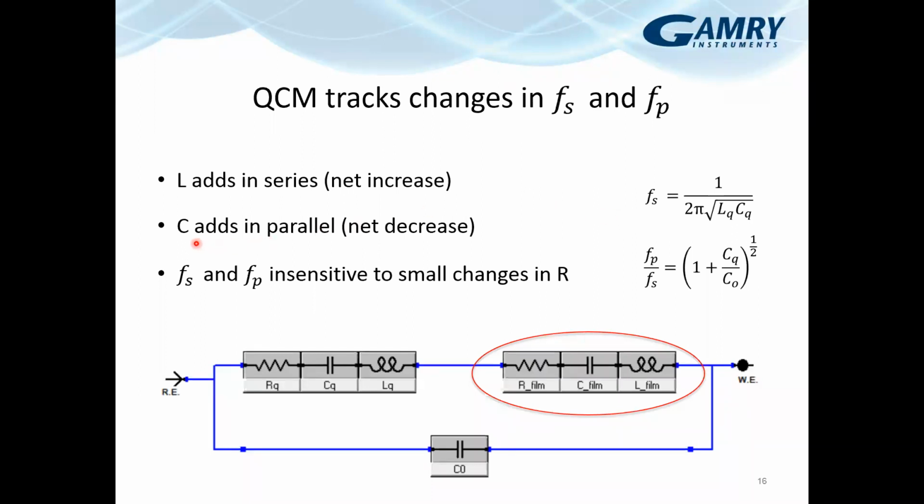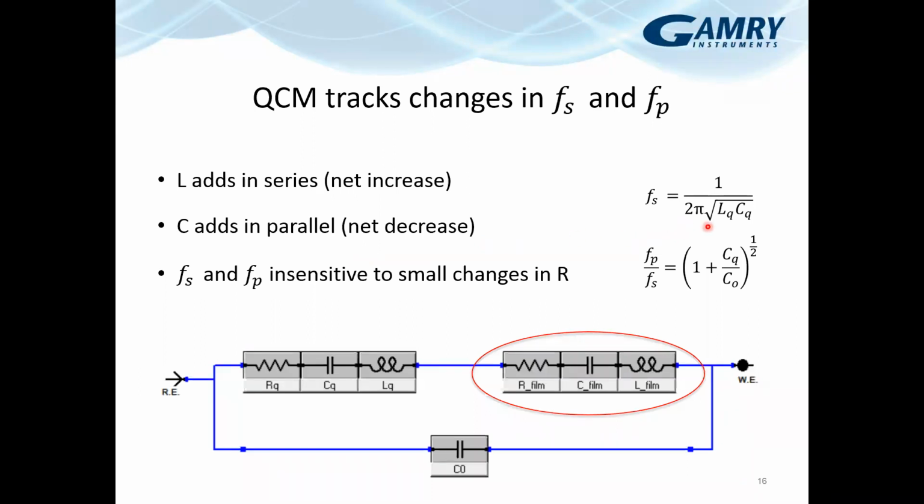If your film has some capacitance, it has some elasticity to it, right? Capacitance adds in parallel, and that means that you see actually a net decrease in the total capacitance in this branch. And this is very interesting: if your film that's falling onto the surface is no longer rigid and has some elasticity, you can actually see positive frequency shifts. Why is that?